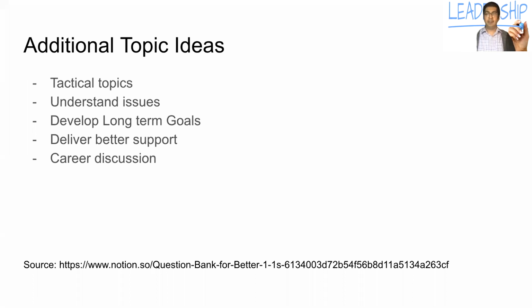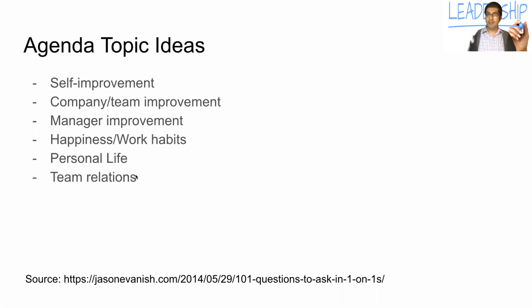Some more topics: self-improvement, company improvement, manager improvement, happiness, work habits, personal life, team relations. It's always good to get a pulse check. How is everything going on in the team? What are some of the obstacles that are coming in the way of high productivity? What could we be doing differently to leverage the full potential of the team?